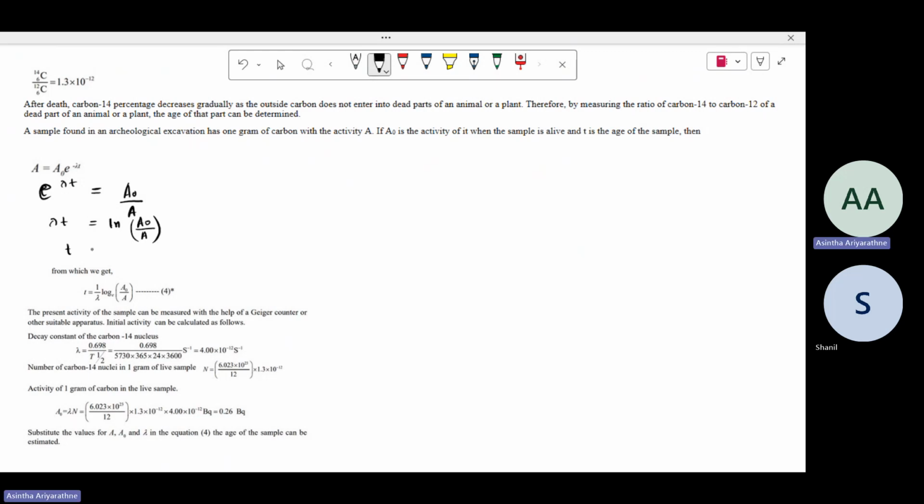Then t is equal to 1 over lambda, which is the decay constant, times ln A naught over A. Right? So A can be found.